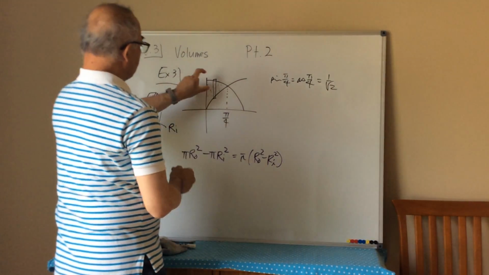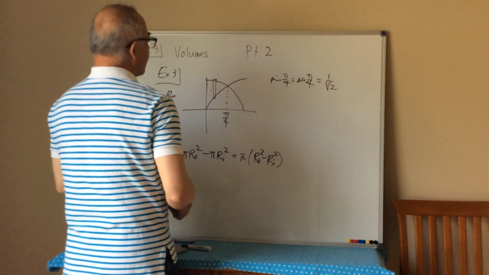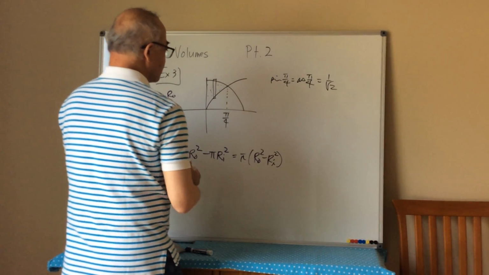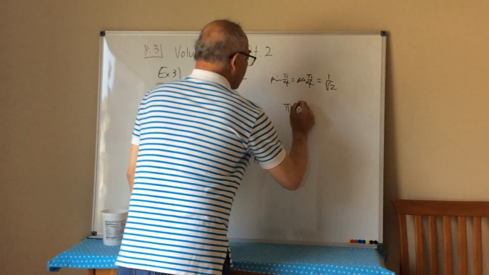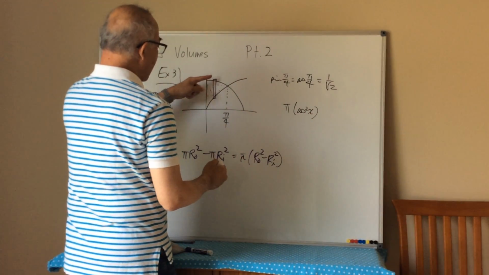So let's look over here. What do we have? The outer radius is y equal to cosine x, right? So I'm going to get pi cosine squared x, because that is the outer radius.